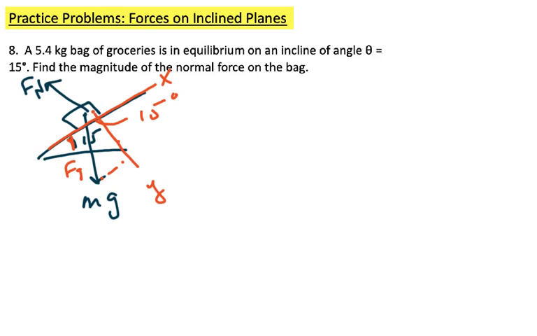So if you want to find the y component of the gravitational vector, which is going to be equal in magnitude but opposite in direction to the normal force, it's going to be equal to mg, the magnitude of the total vector, times cosine of theta, excuse me, because we're talking about this particular vector.